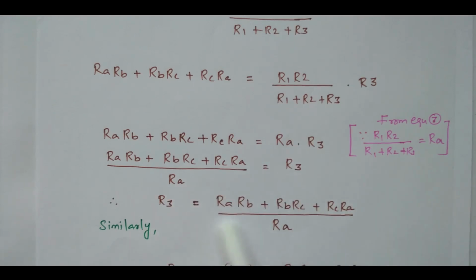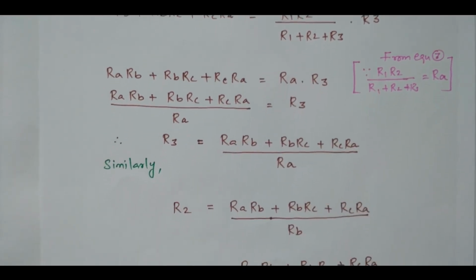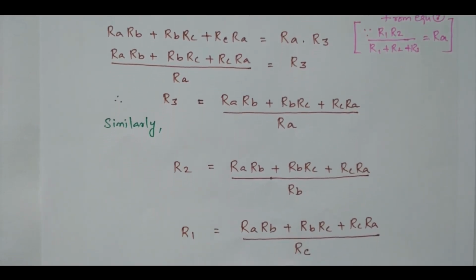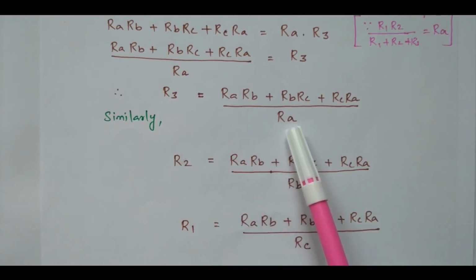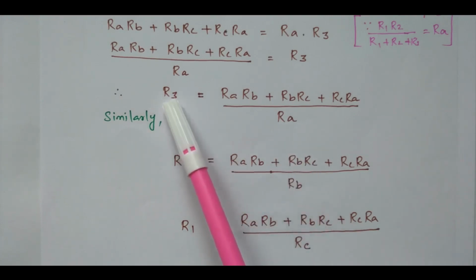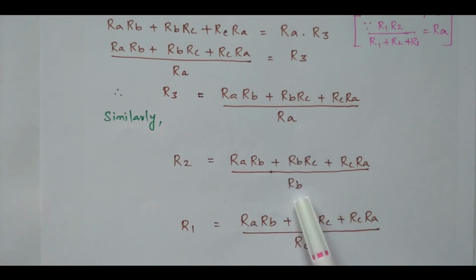So based on this value, we can write the R2 and R1 values also. The numerator is the same for all 3 terms. Only in R3 we need to divide by RA, R2 divided by RB, R1 divided by RC. That also we'll see in the diagram. How will you identify? R3 means RA, R2 means RB, R1 means RC.